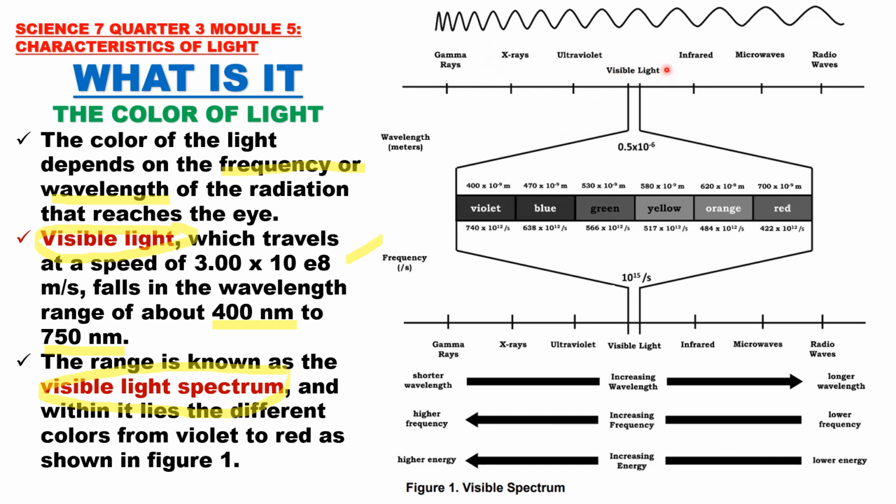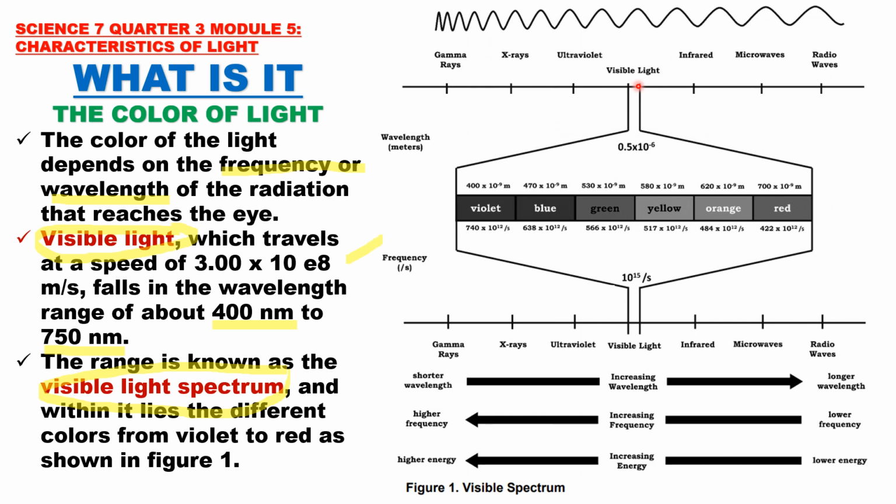So visible light, this portion here. Okay, visible light is the portion of the electromagnetic spectrum that is visible to the human eye. Electromagnetic radiation in this range of wavelength is called visible light or simply light. A typical human eye will respond to wavelengths from about 400 to 750 nanometers.